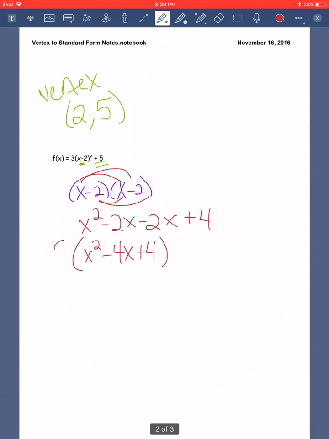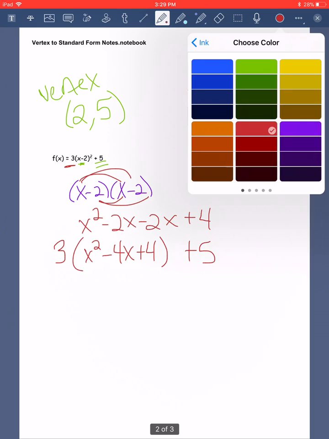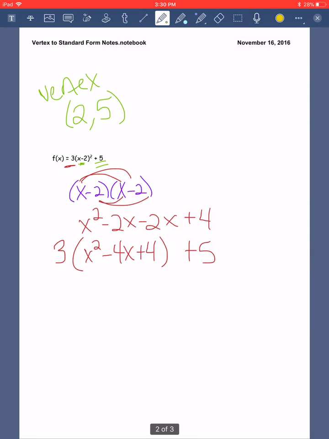And with that, I'm going to be multiplying it by 3 because that's what a is. And then I'll be adding 5. So my next step is I'm going to multiply it by 3. So I do 3 times x squared is 3x squared. 3 times negative 4x is negative 12x. 3 times positive 4 is positive 12. And I don't distribute the 3 to the 5.